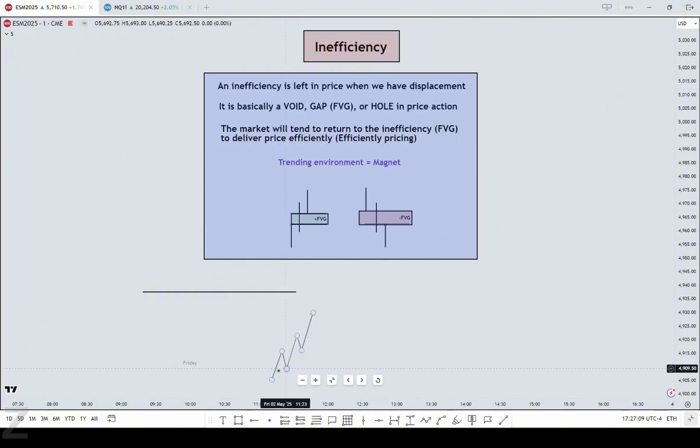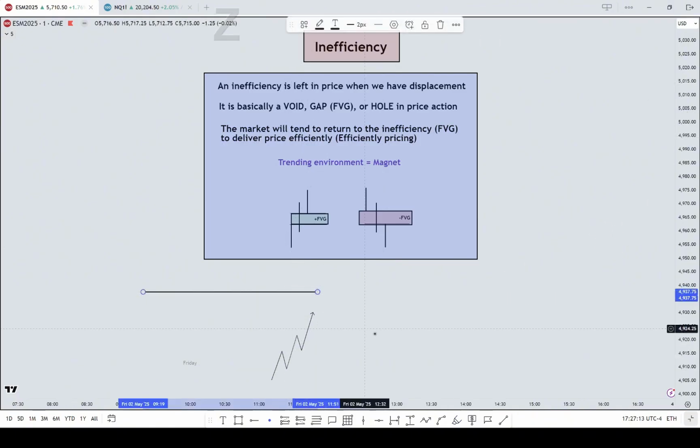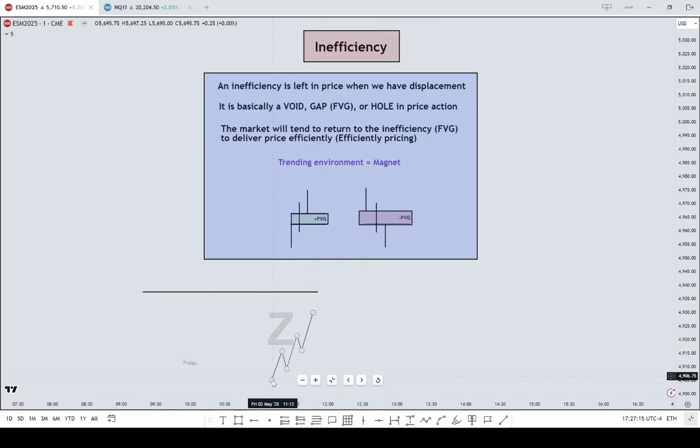So they want to deliver price efficiently to this level of liquidity. And when they expand or have displacements like this, they're going to leave gaps in price action, which are little pools or holes in which price has not done the work or done the job, like this one right here, right?